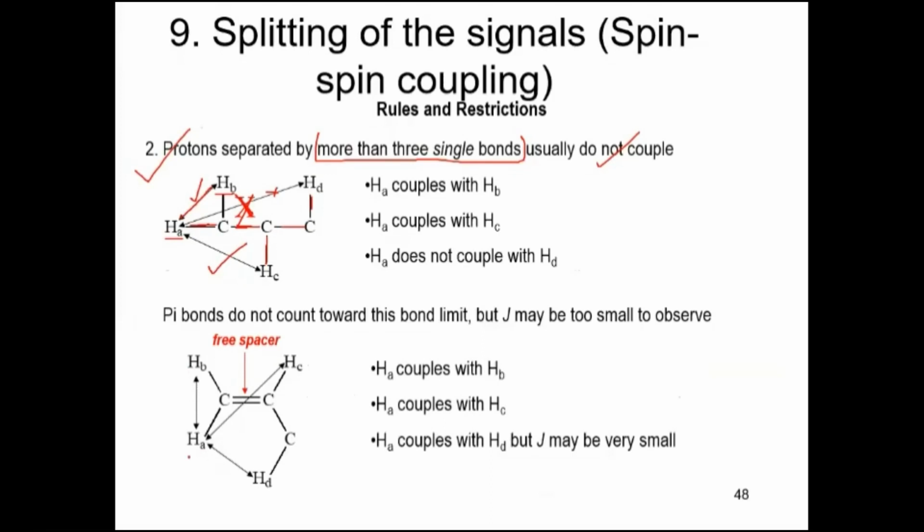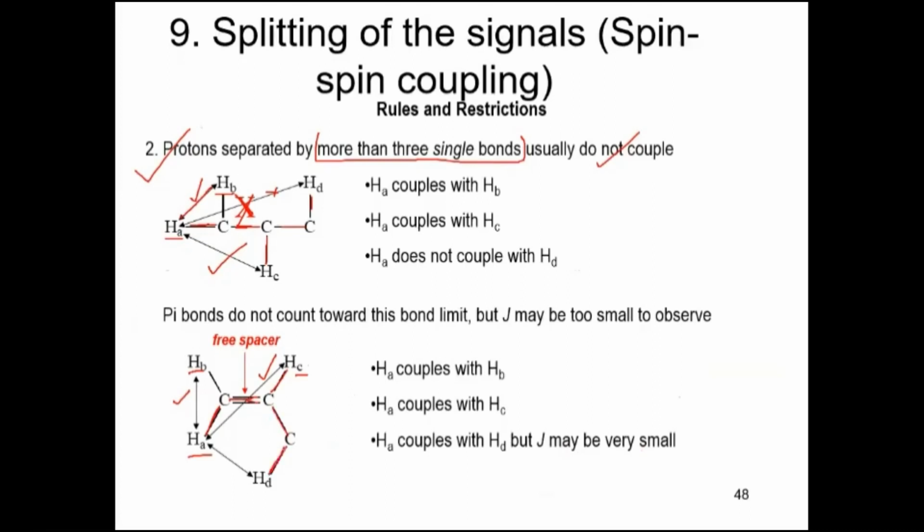So HA here and HB over here will couple. It is possible. HA here and HC here: 1 bond, 2nd bond and 3rd bond. So it can also couple. Then HA couples with HD, but J may be small. So this is 1 bond, 2 bond, 3 bond and 4 bond.